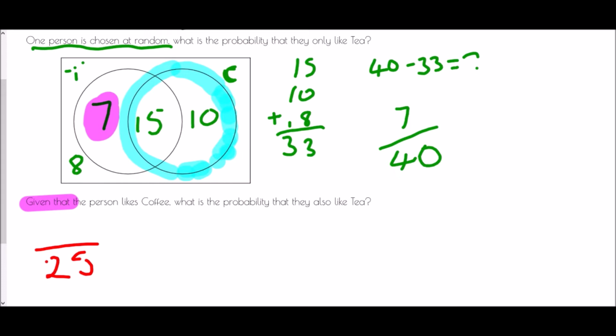Now the people who also like tea, well, that is the overlap, and so that is 15 people. Now it doesn't ask us to simplify here, but we really should. 15 out of 25, they're both multiples of 5, so we can divide by 5, 3 over 5.